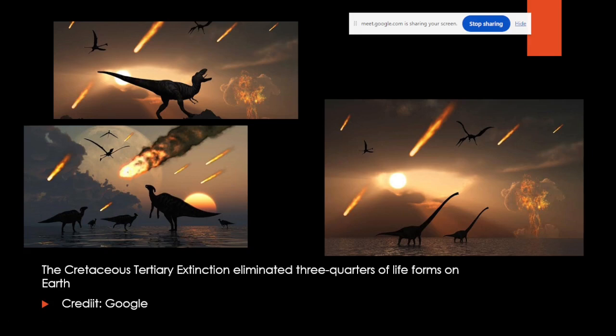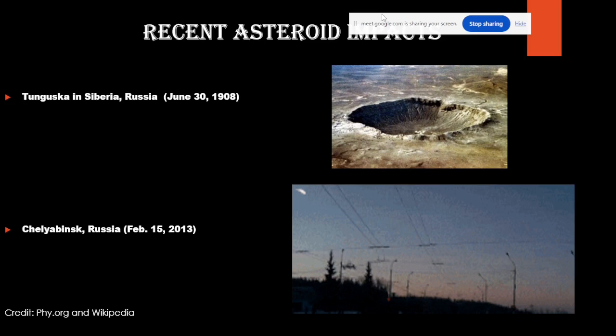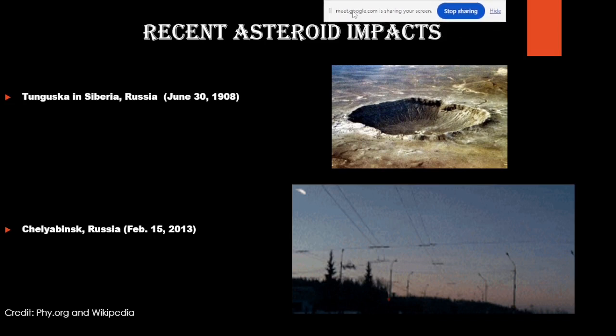They were the widest animals of their time, but they didn't have a space program, and unfortunately, an asteroid impacted Earth at that time and destroyed all of them. All of them were gone. Of recent, this happened recently. It happened in Russia in 1908.